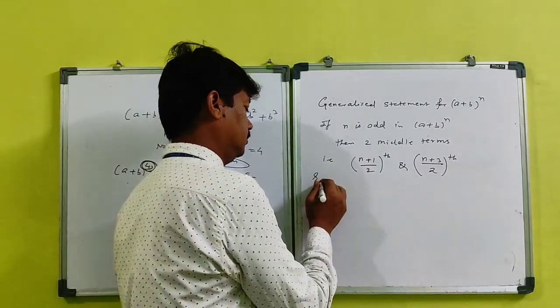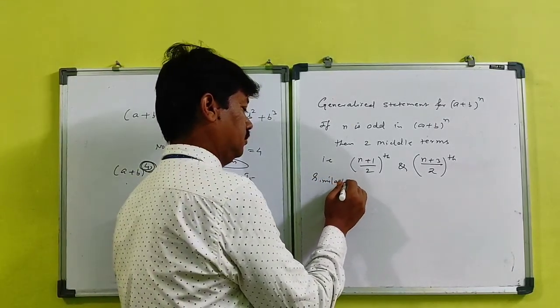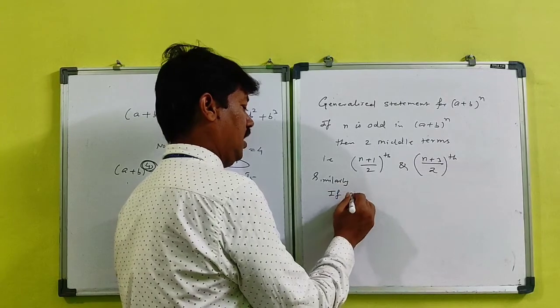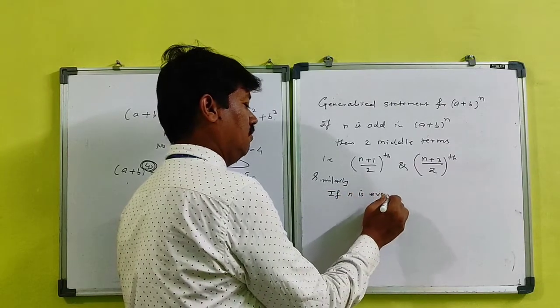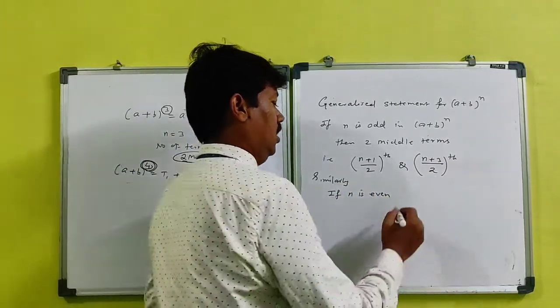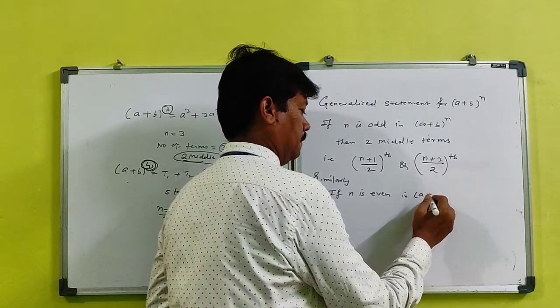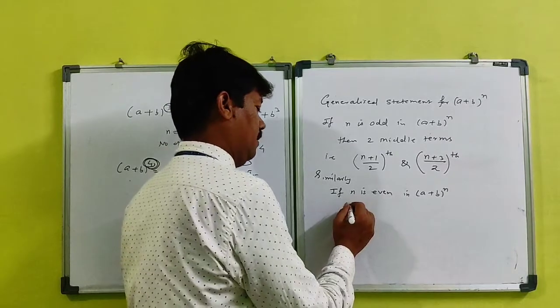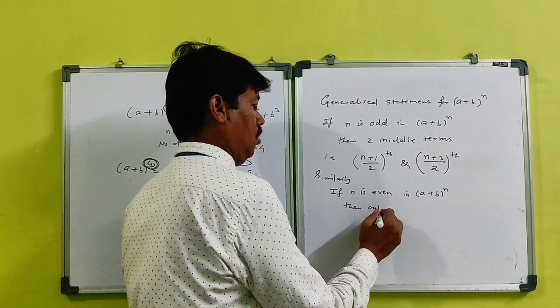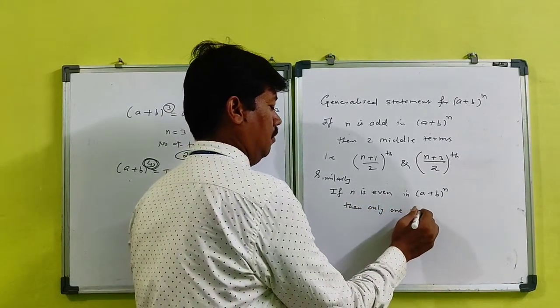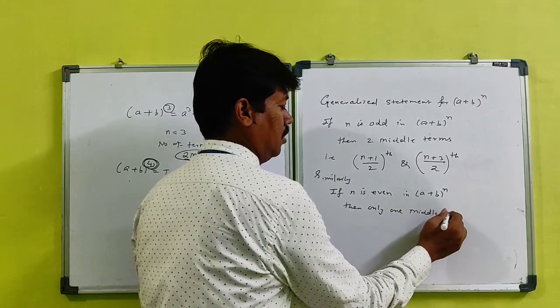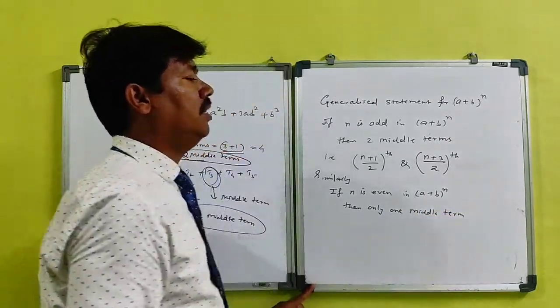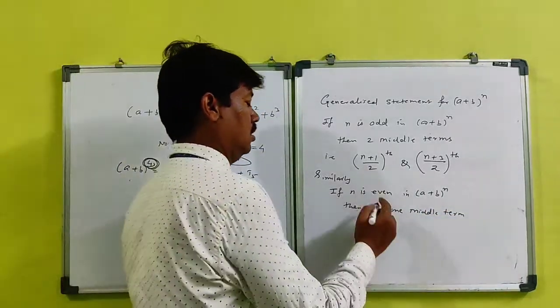Similarly, if n is even in this expression (a plus b) raised to n, then there is only 1 middle term. And the middle term will be what?